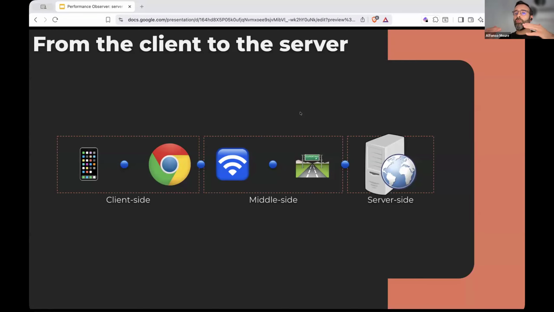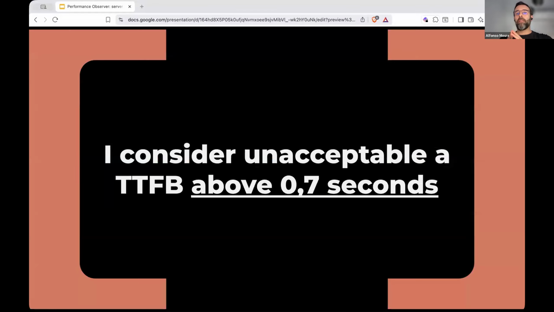TTFB adds up to your total loading time and accounts for a huge part of it, as we are going to see here. And why does it matter? Because TTFB is the floor of Web Vitals. All the metrics that you are going to work on in the front end have as their floor the speed at which the first byte comes back from the server. So my line when I am trying to optimize TTFB is 700 milliseconds.